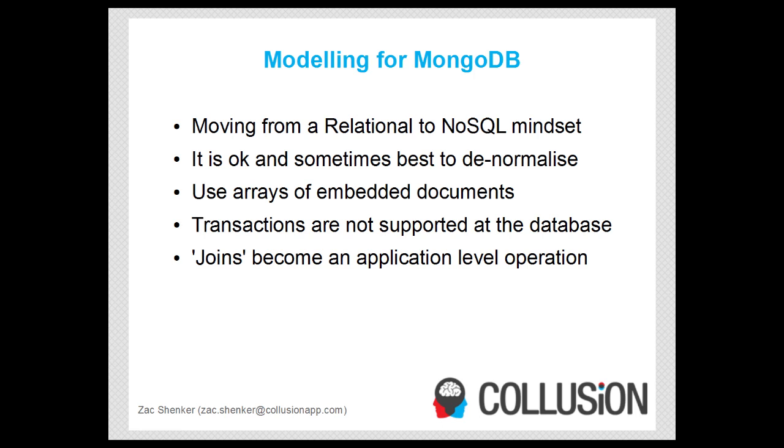I guess the other challenges that we faced was when we started designing, I was very much still in a relational mindset and created too many collections and then was trying to link them all together via the IDs. And I had operations where I was trying to treat it like SQL, where you could have a transaction and try and do something. If that failed, try and roll it back.